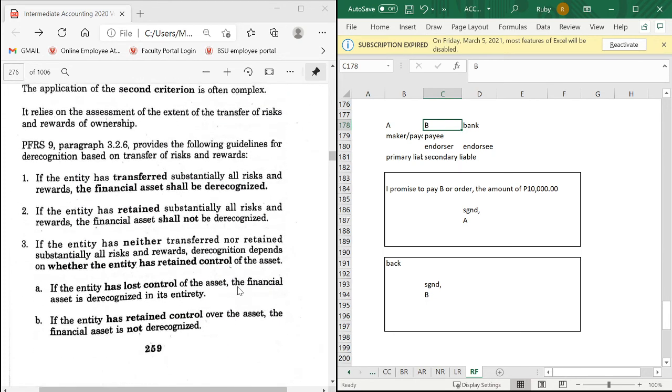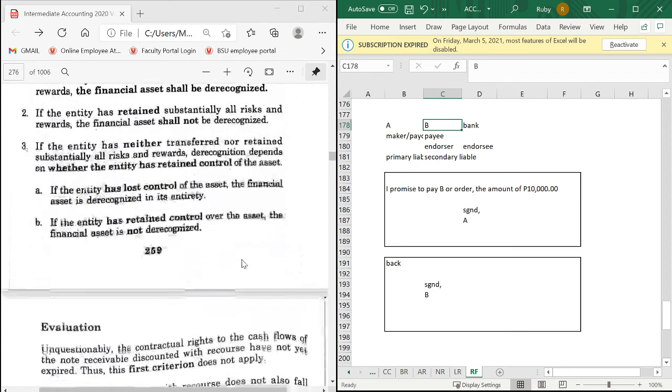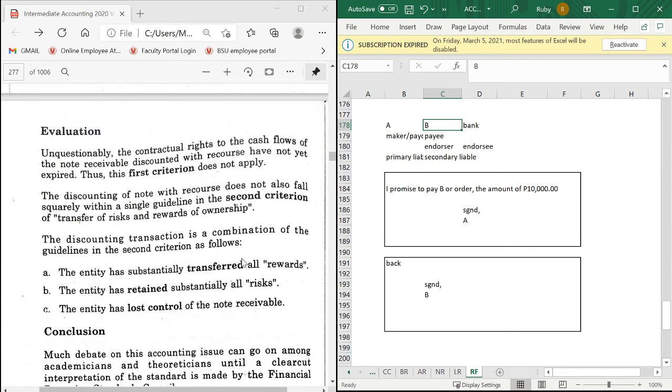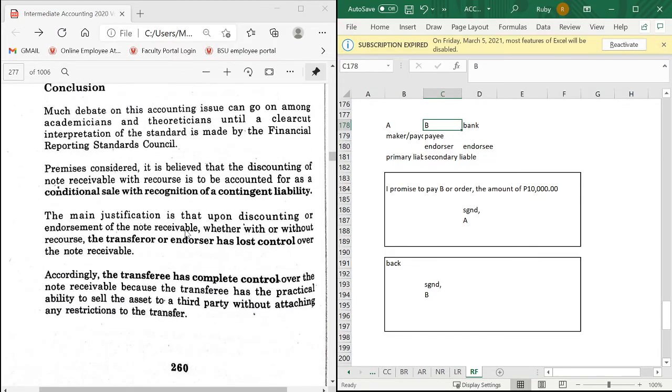Yan, so, discussion na lang to. Discussion din. Evaluation. So, continuation ng nasa taas. Conclusion.